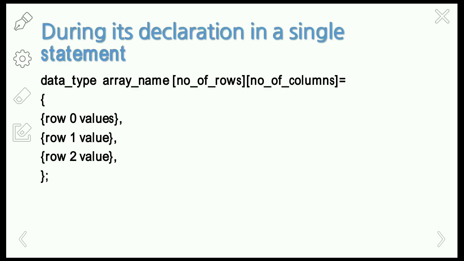Going to the first method, the data type, array name, and number of rows and number of columns are given here, and row values are given separated by commas, that is row 0, row 1, row 2 and so on. After all the rows are filled, we close the curly brackets followed by a semicolon.